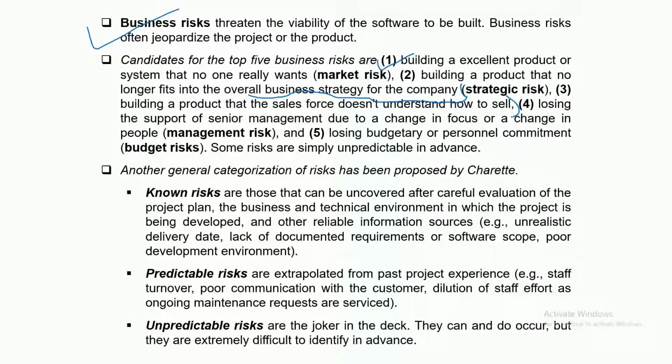Losing budgetary or personal commitments. Budgetary commitment means exceeding the budget. You have anticipated that these many resources are needed for the successful completion of this project.